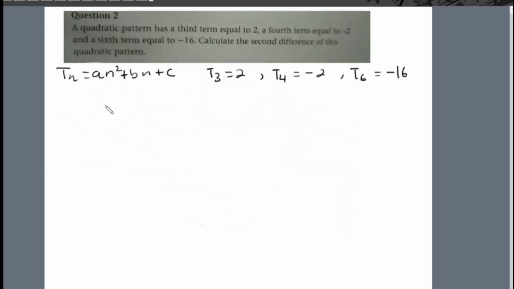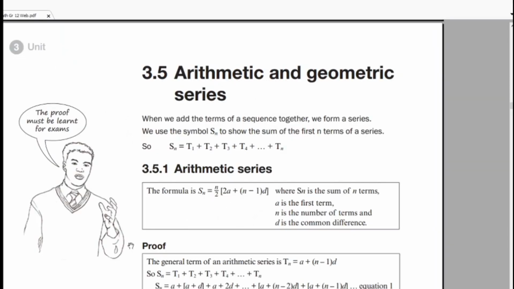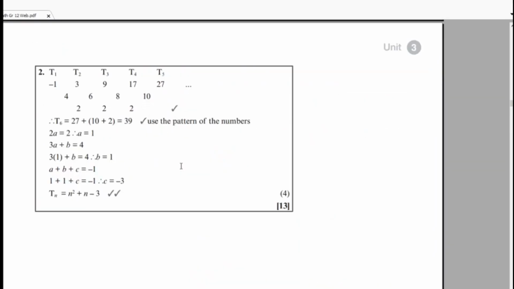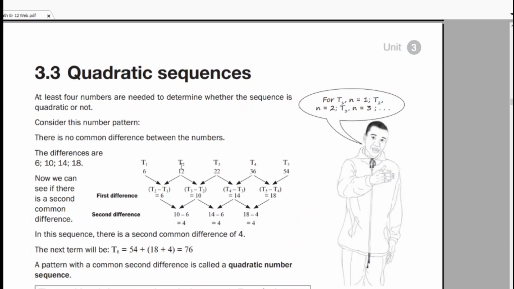So ukhumbule nasithoma sidiscussa ama-quadratic patterns sithe from ama-notes wethu but at least 4 numbers are needed to determine whether the sequence is quadratic or not. So you need at least 4 terms in a sequence to determine ukuthi leyo sequence is quadratic sequence or not.